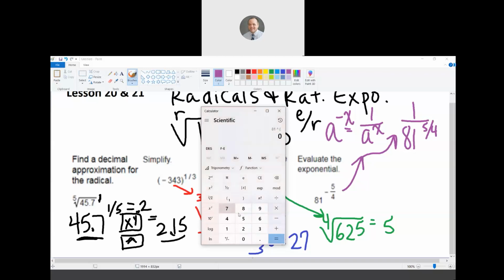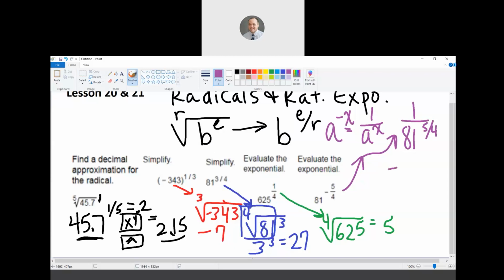So left parenthesis, 5 divided by 4, and then hit equal. So that's the denominator for your final answer: 1 over 243.